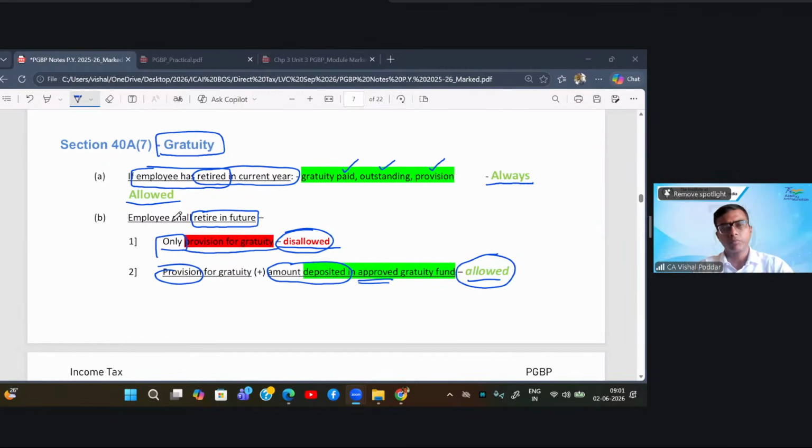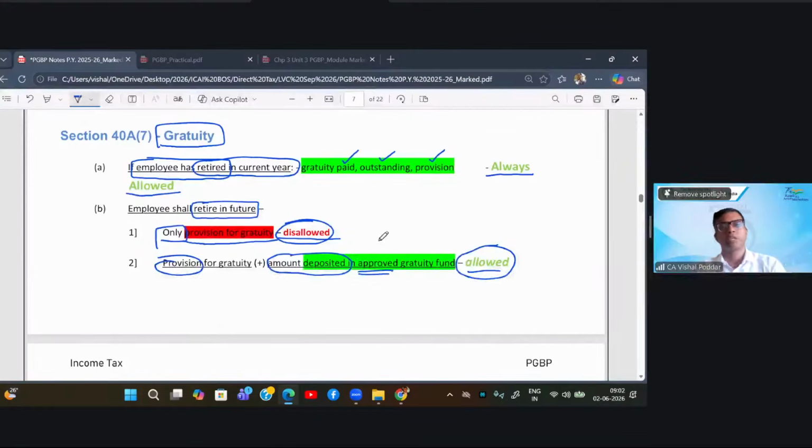But where the employee will be retiring in future, in such cases, there is a requirement of creating a provision for gratuity as per accounting standards. If you merely create the provision and do nothing else, it will be disallowed. But if you want to get the deduction of the provision, then whatever provision you have created, also deposit the amount in approved gratuity fund, like your depreciation sinking fund.